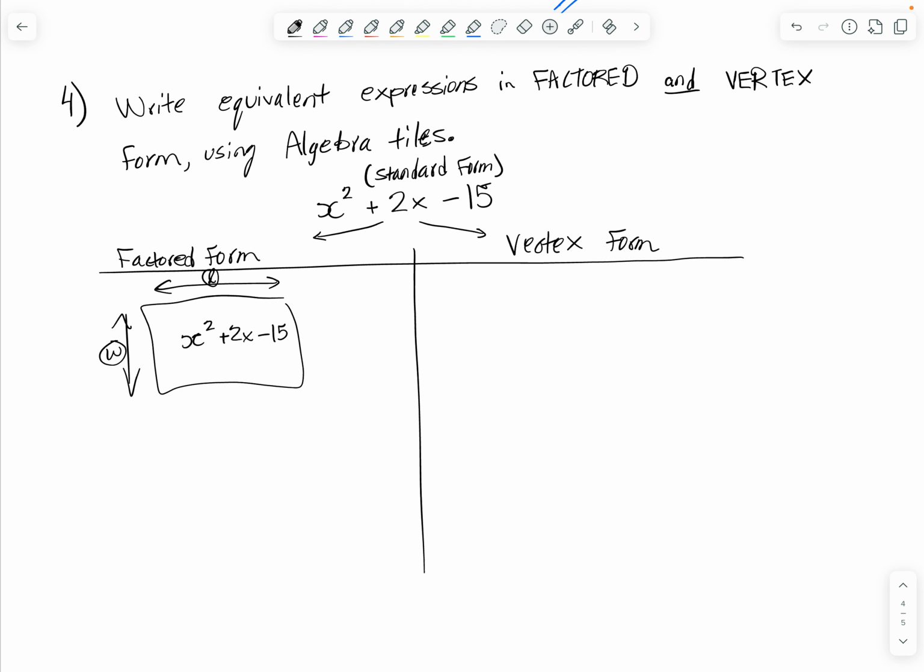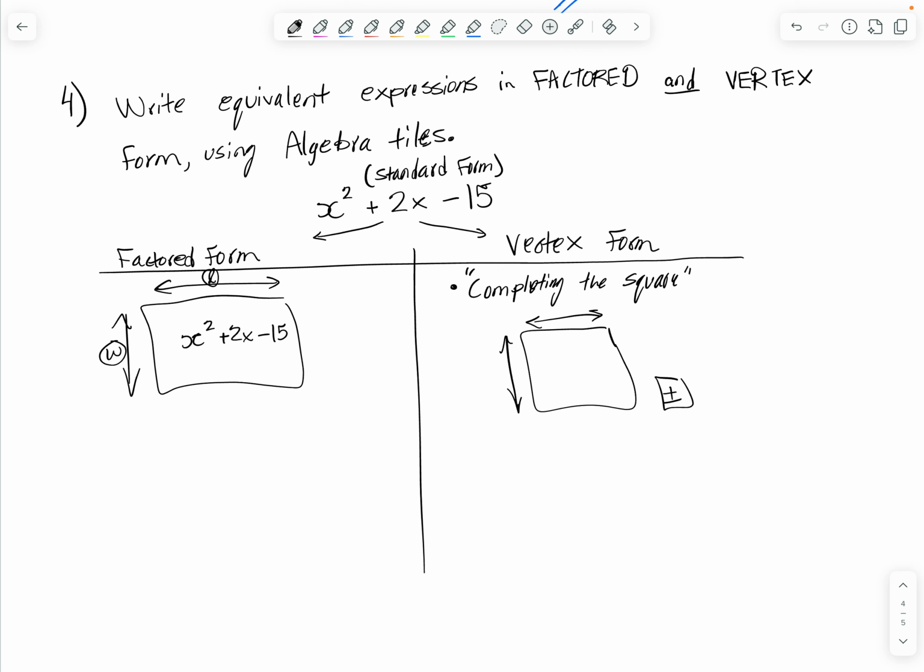Vertex form, the technique is called completing the square. It means that I'm trying to use these side lengths to complete a square. So it's going to be a perfect square, plus or minus some tiles as an additional piece.